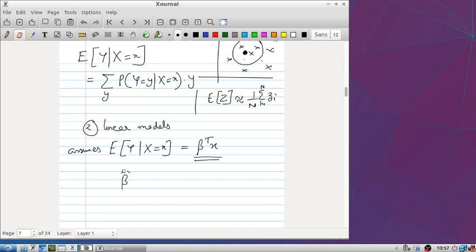The best beta just happens to be equal to the expectation of x x transpose, not the matrices, these are the random variables themselves, inverse, times the expectation of x times y.